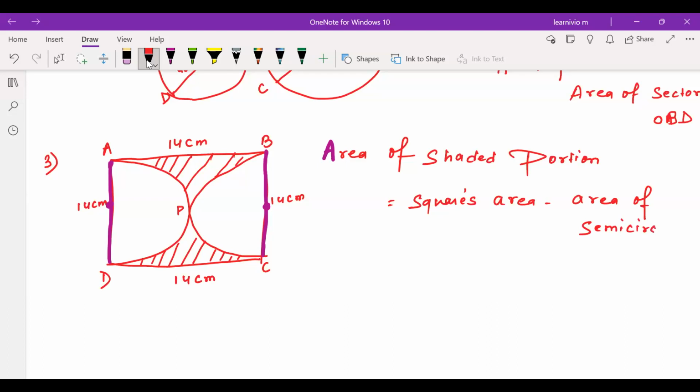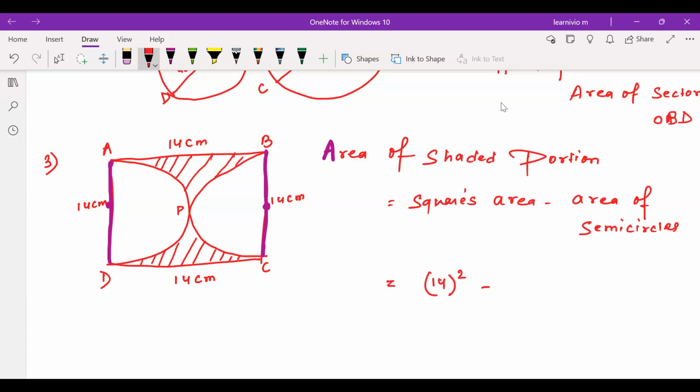So area of square is what? Side square. We already know the side. Side is given as 14 centimeters. So we can say 14 square. That is the area of the square.